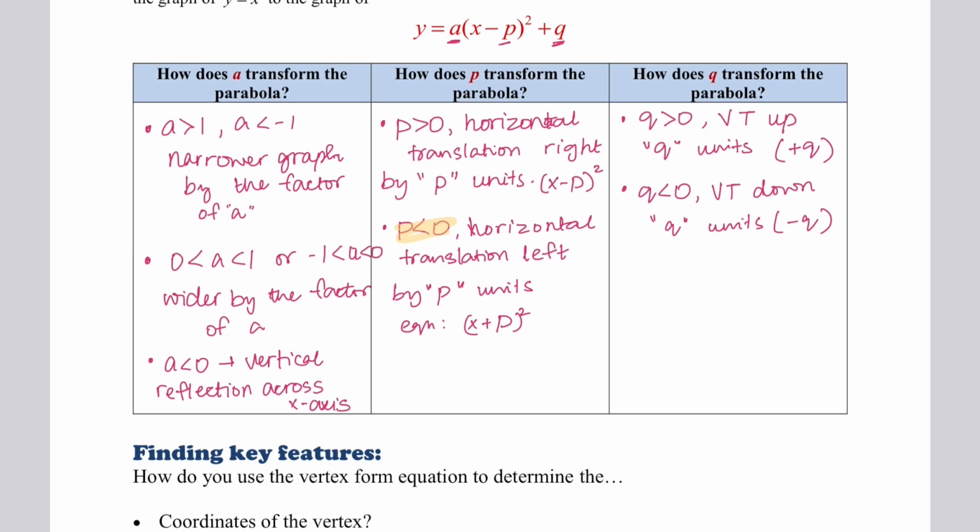And what was the vertex? If you look at this equation, can we figure out the vertex? Wouldn't it be P and Q? P comma Q. Awesome.